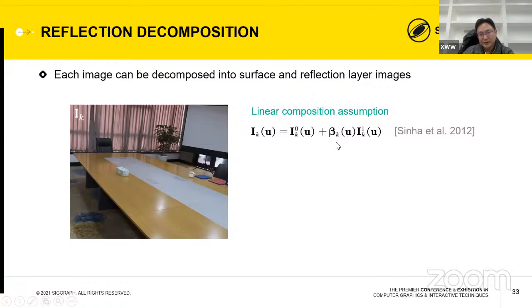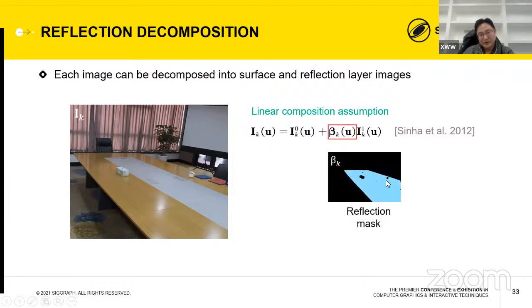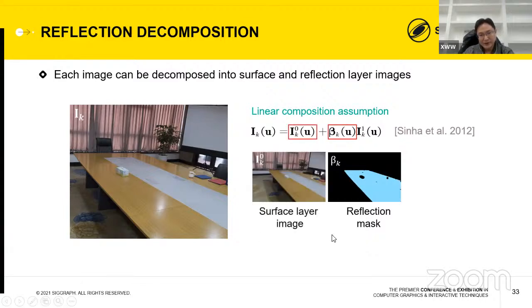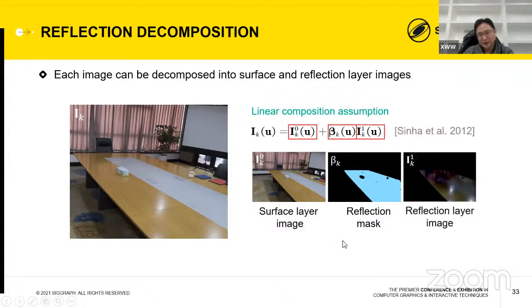Beta is a mask indicating where the reflection is in the image, so it's the reflection mask. It indicates the reflective surface in the image. This is the surface layer image and the reflection layer image. We can see only the reflected things remain in the reflection layer image.